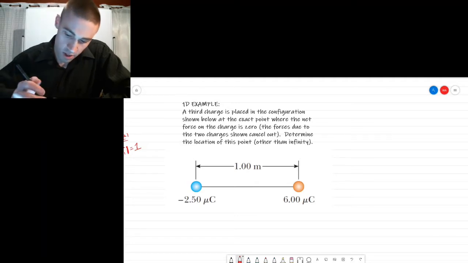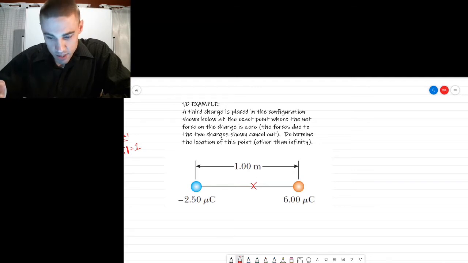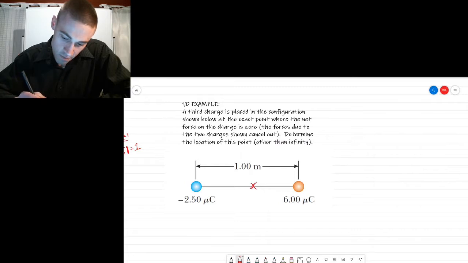What about, well, could the point where this charge Q gets introduced be right there? Well, let's just say that you placed a positive charge Q there. Then you would have a force exerted by this 6 microcoulomb charge in this direction, right?